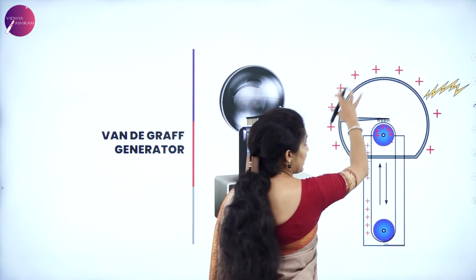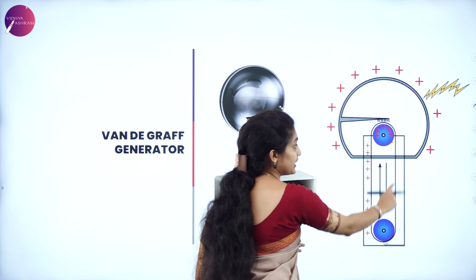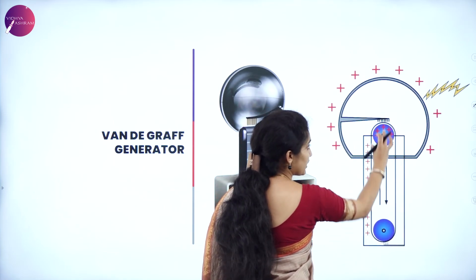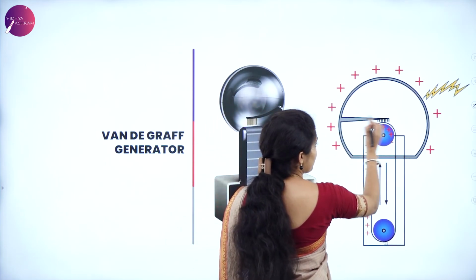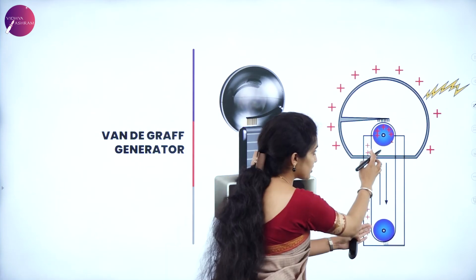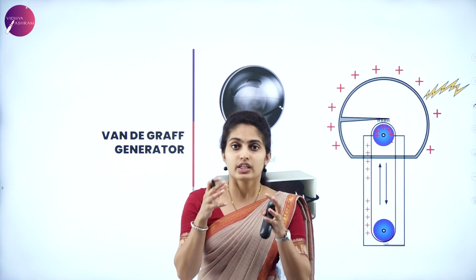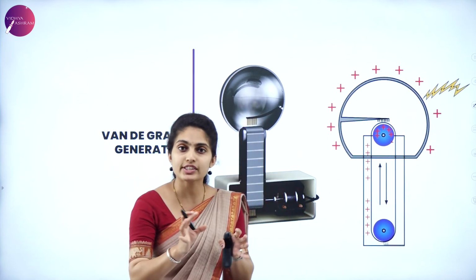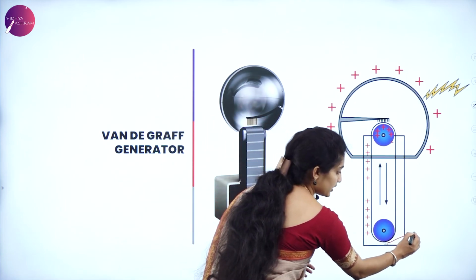In the experimental setup, we have a pulley kind of arrangement made of an insulating, rubber-like material, and two spheres, of which one sphere attains positive charges, and there is a brush. How does the Van de Graaff generator work? The lower sphere is connected to an external source which produces positive charges.